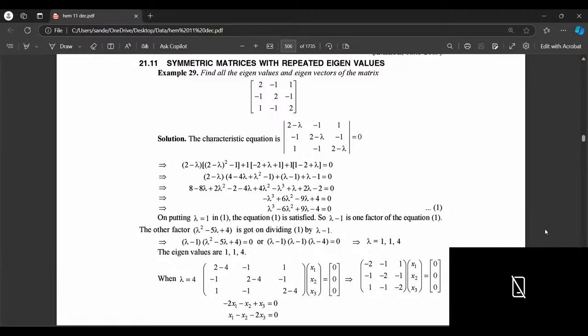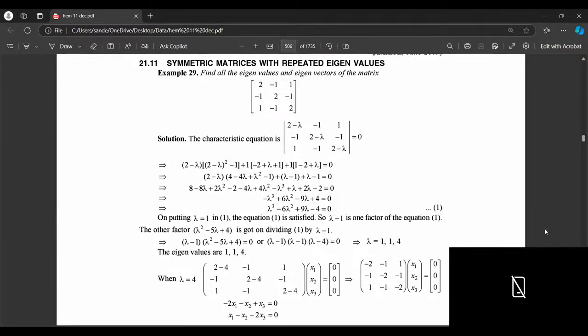Again, by using synthetic division method, first eigenvalue lambda equal to 1, first factor lambda minus 1. Using synthetic division method, you may find lambda minus 1 into lambda square minus 5 lambda plus 4 equal to 0.